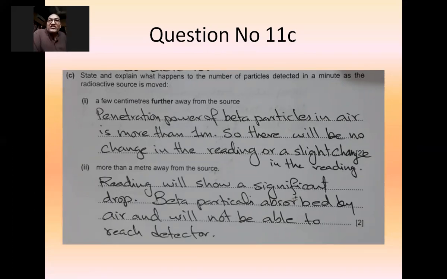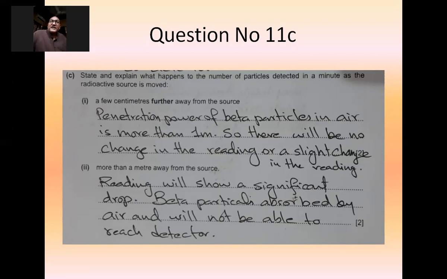The reading will show a significant drop, as beta particles are absorbed by air and will not be able to reach the detector, because these beta particles have up to 1 meter penetration power. So if you move the source more than 1 meter away from the detector, the reading on the GM tube will significantly drop. So that was a 2 mark question.